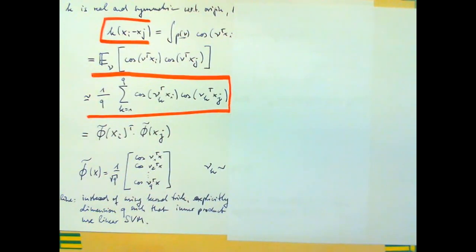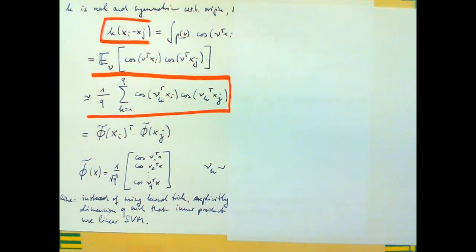So rather than work with my original observation x, I now work with phi tilde of x, which I can compute explicitly, and then this is my new primal domain in which I can use a linear solver. I did use a Gaussian kernel here.